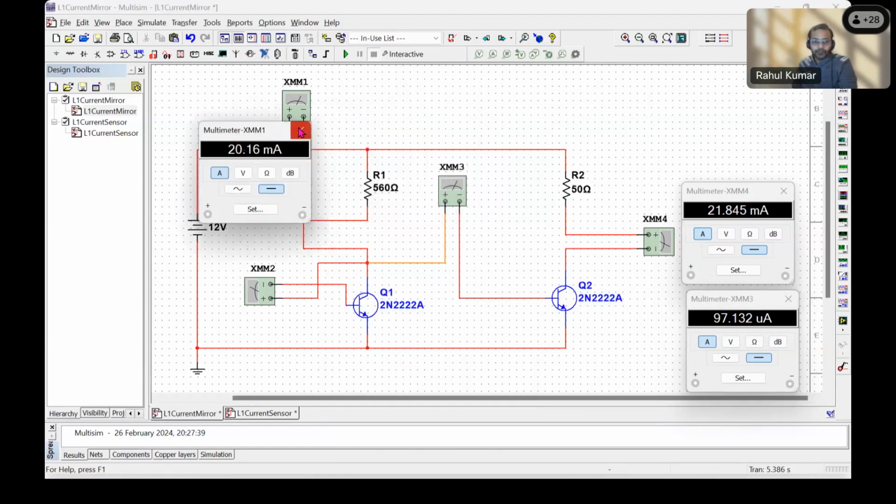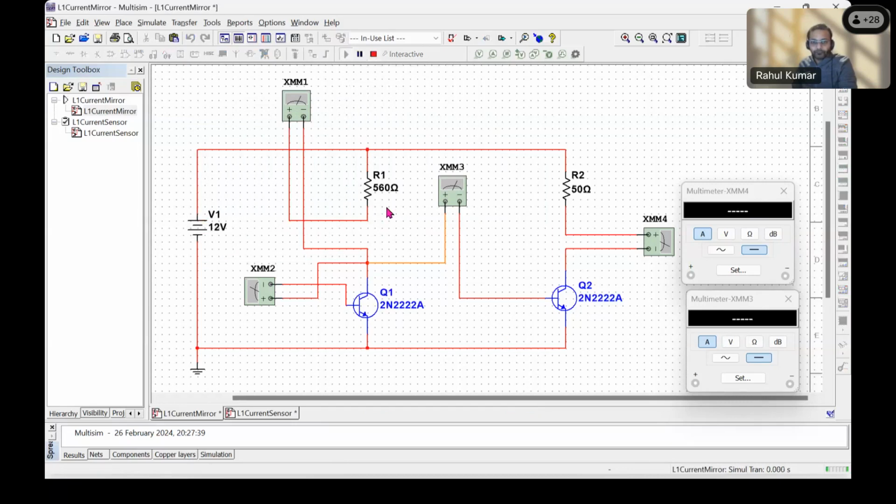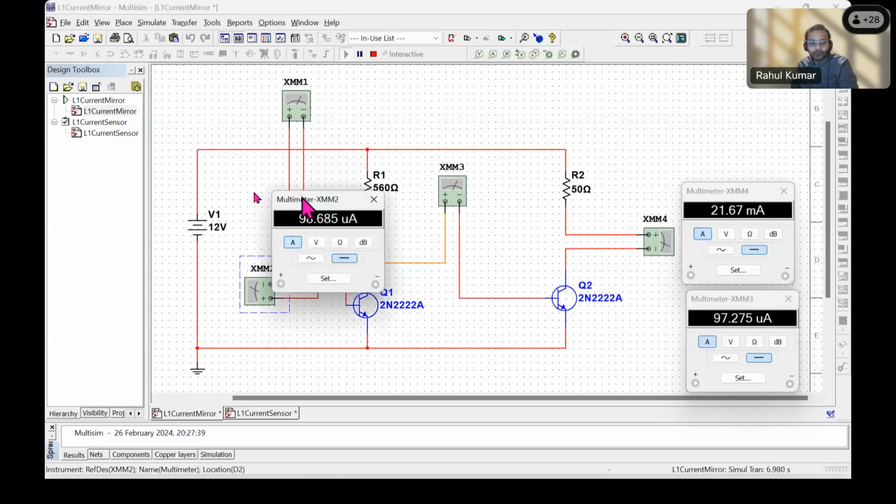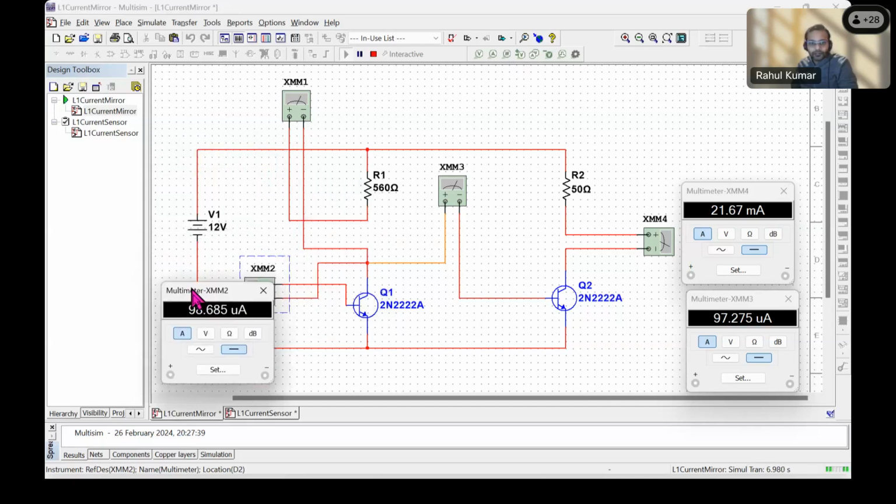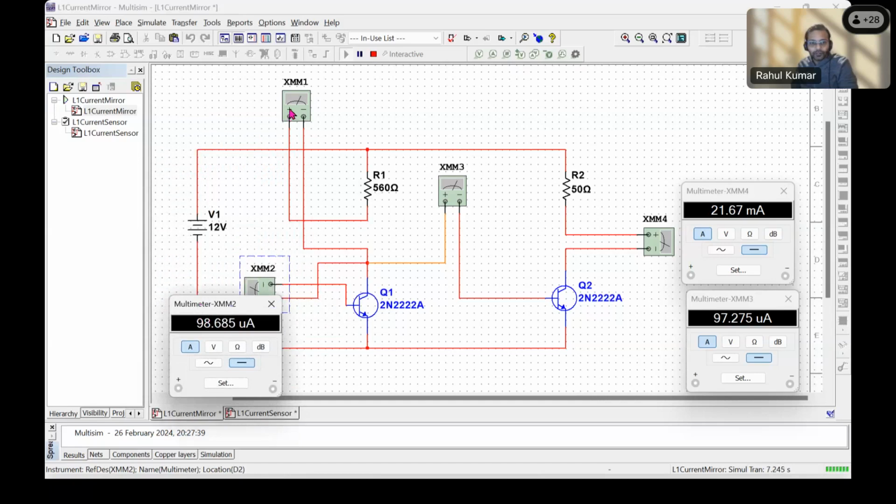Okay, let's not worry about this one. So my output is 21.67 divided by 97, this is the input for Q1 and the output.